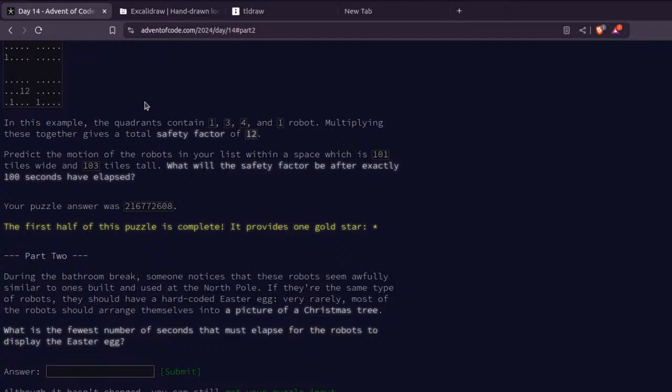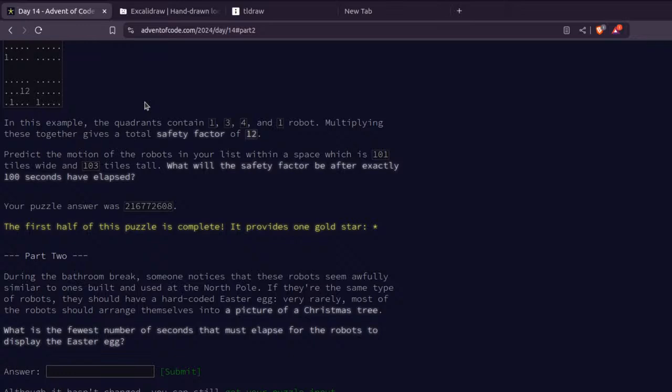What is this? During the bathroom break, someone notices that these robots are awfully similar to ones built and used at the North Pole. If they are the same type of robots, they should have a hard-coded Easter egg.